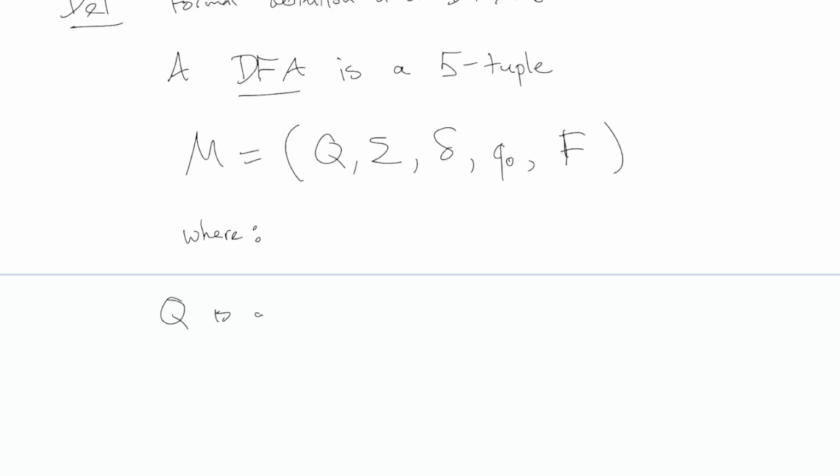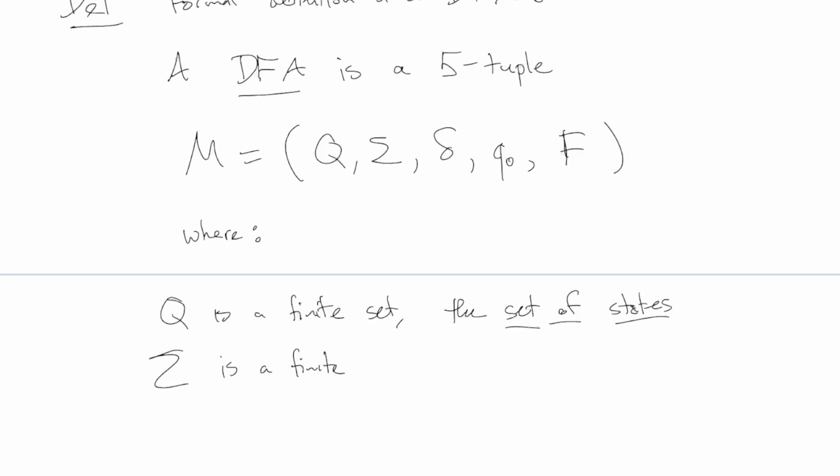Q is a finite set. This is called the set of states. So in my example, there were 2 states. We think of them as little circles in a diagram, but that's not what they are. What they are is just 2 different states, that's all. All right? The sigma refers to the alphabet. This also has to be a finite set. This is the alphabet.